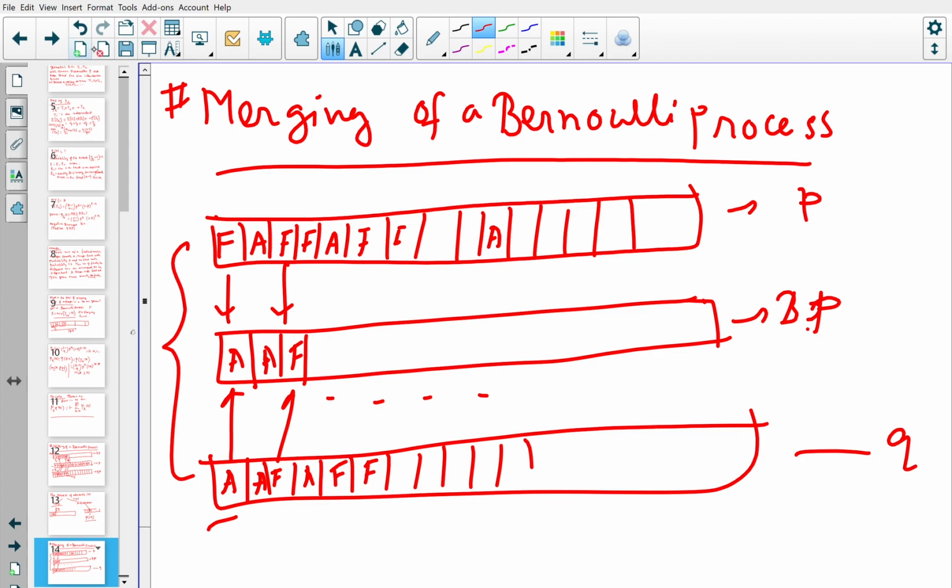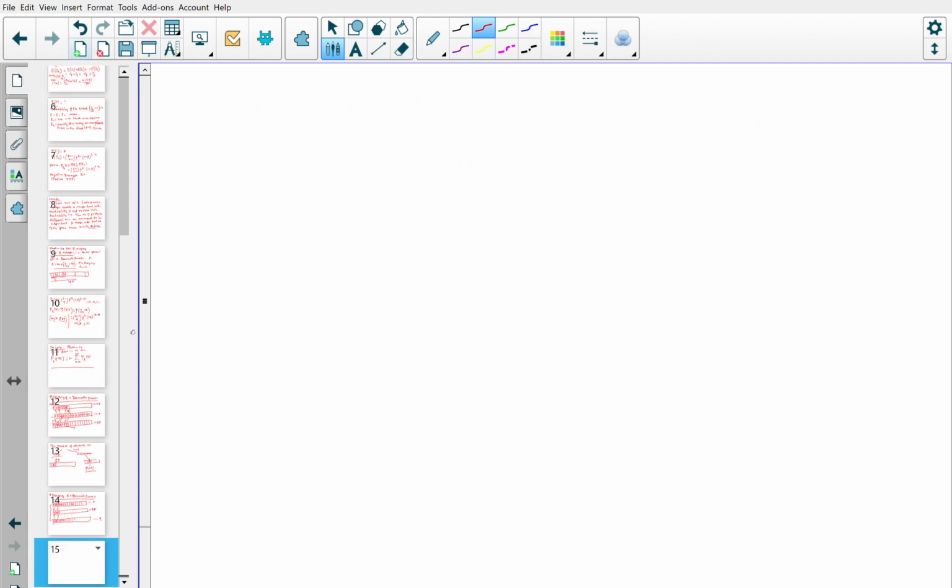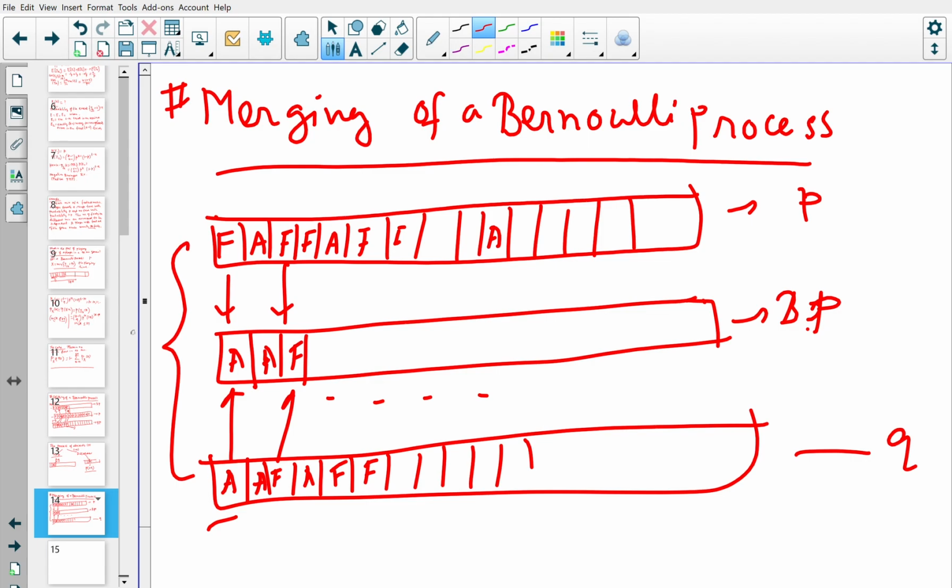And that we can easily compute. So you see that the probability of failure, or not arrival, is what? It happens if both are failure, right? Now in the first case the probability of failure, or not arrival, was 1 minus p. In the second case it was 1 minus q. Okay, and here failure happened if simultaneously the failure happened in the first process and the second process, right?